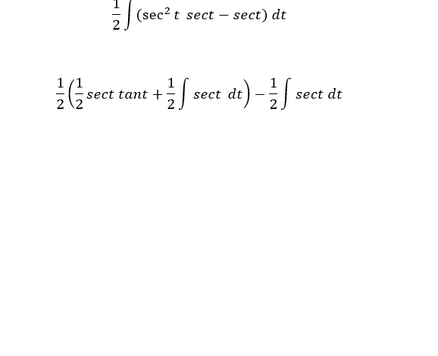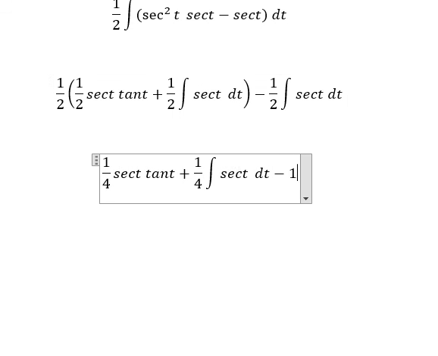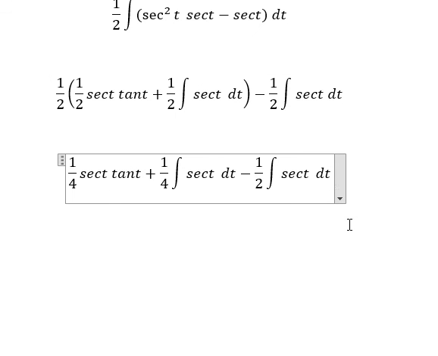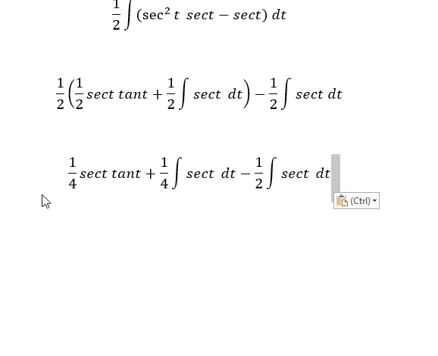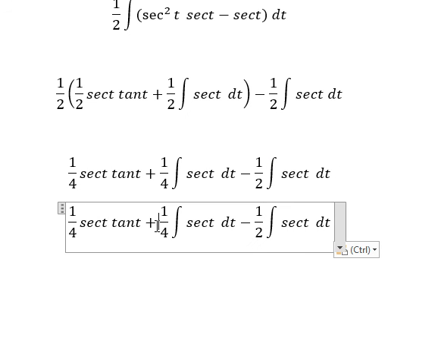So we will have 1 over 4 secant of t tan t plus 1 over 4 the integration of this one minus 1 over 2 the integration of this one. And 1 over 4 minus 1 over 2, we have negative 1 over 4.